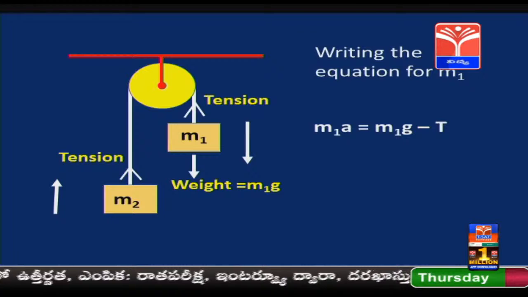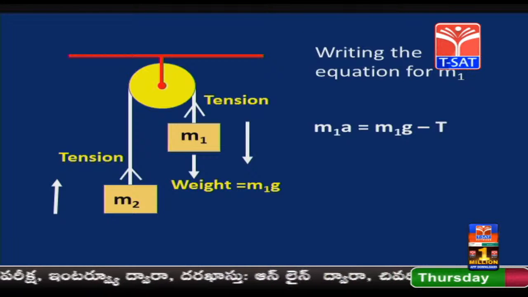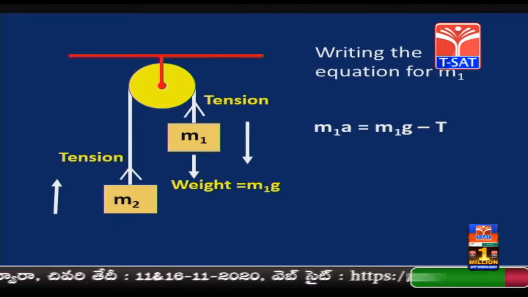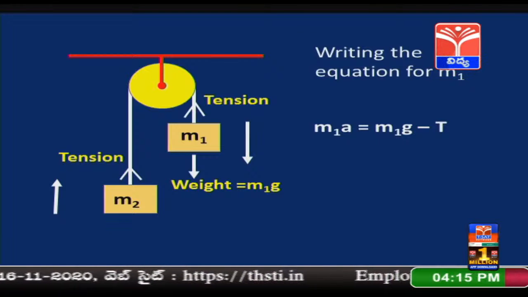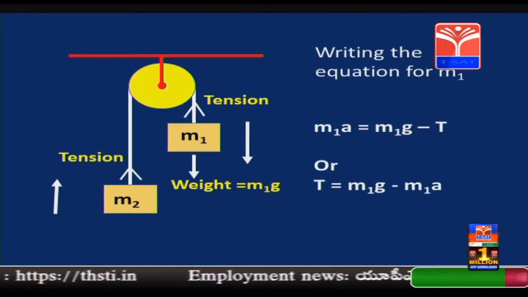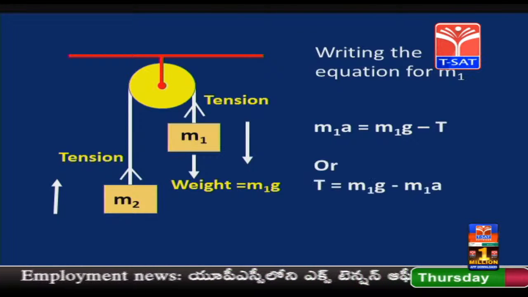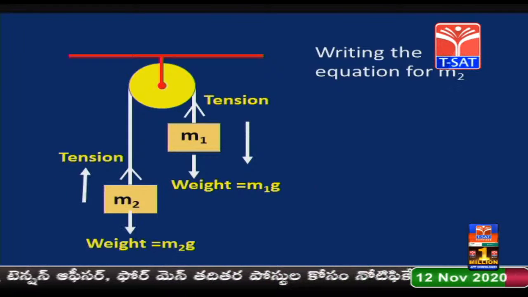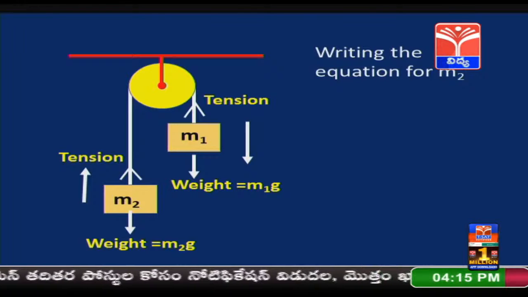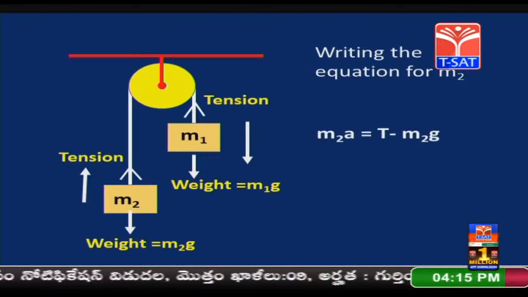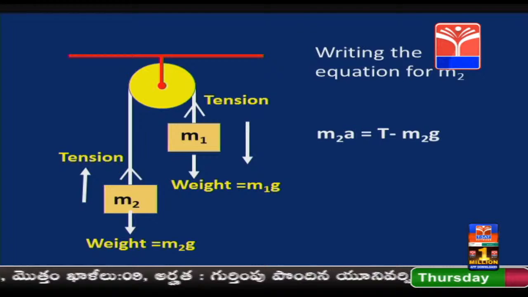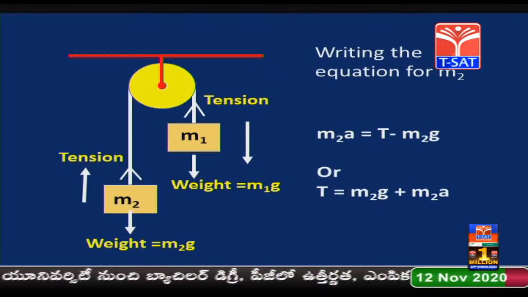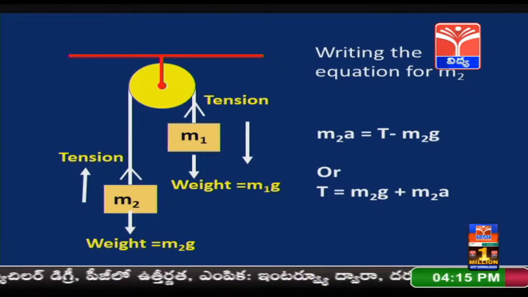The unbalanced force, which is equal to m1g minus T, accelerates the object m1, and hence m1a is equal to m1g minus T. Rearranging, we get T equal to m1g minus m1a. Writing the equation for m2, we have m2a is equal to T minus m2g. Rearranging, we get T equal to m2g plus m2a.